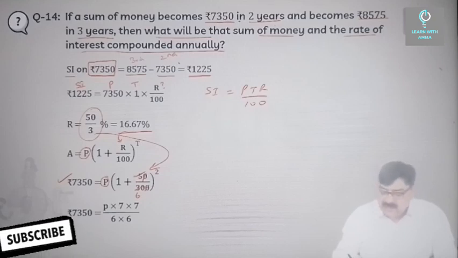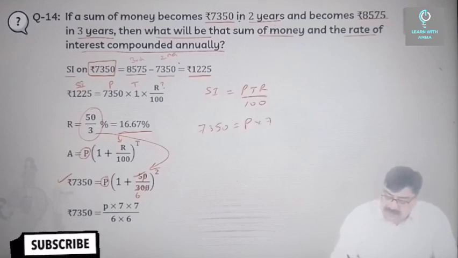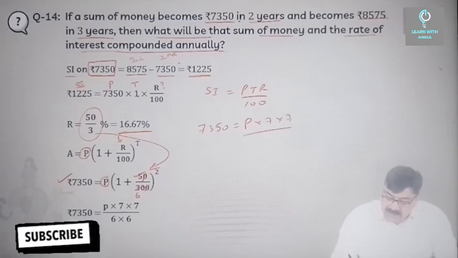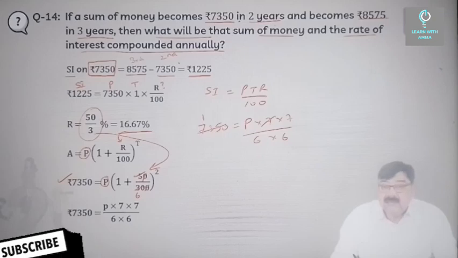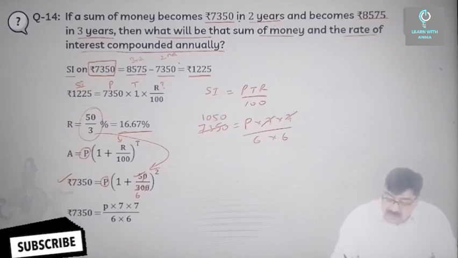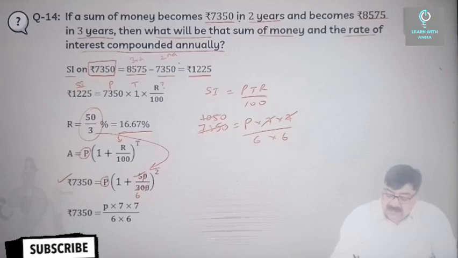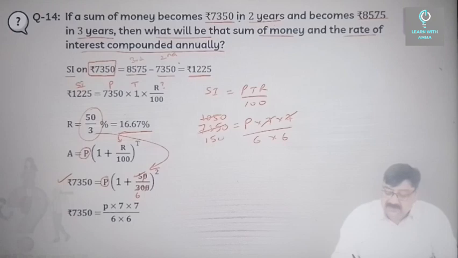So here we can do these calculations: 7350 is equal to P into 7 by 6 into 7 by 6. So this figure goes by 7. 7 ones are 7, 0, 7 fives are 35. So 1050 goes by another 7. 7 ones are 7, so 35, so 150.